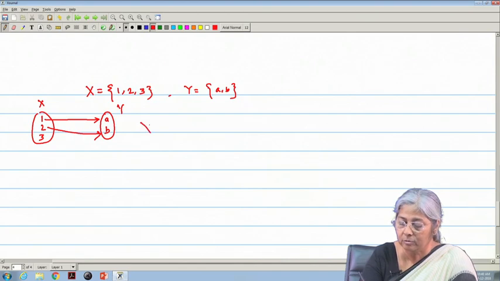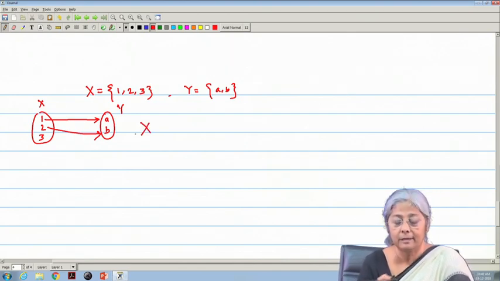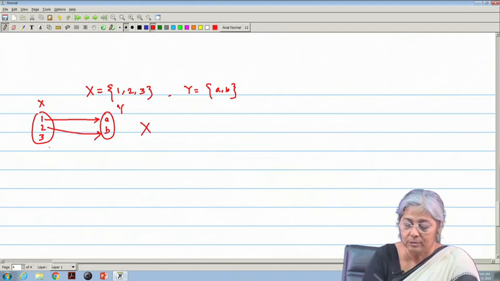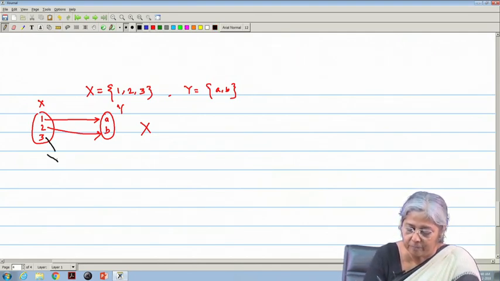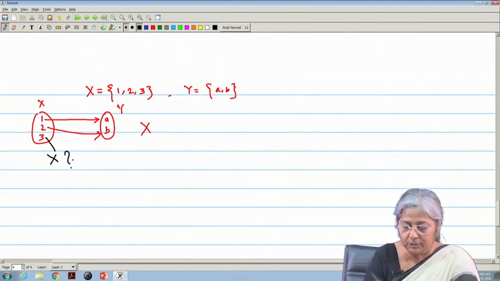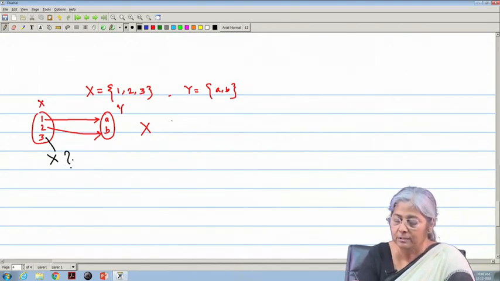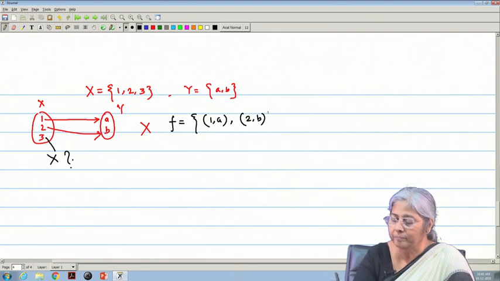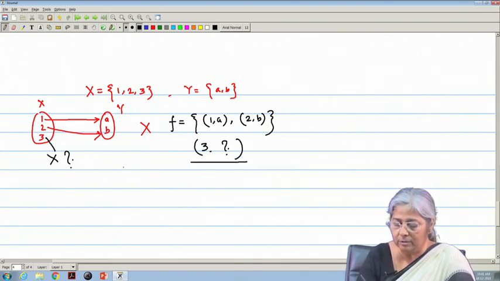So, again this is not a function because the definition says for each x. Since we do not have any connection for 3, we have only f is 1a and 2b, but we do not have 3. So, this is not a function.